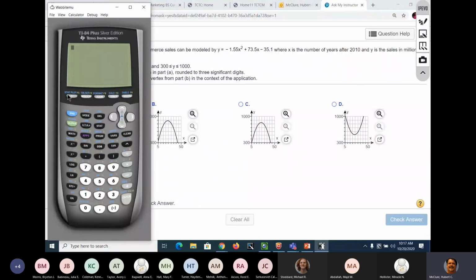Y is equal to negative 1.55x squared plus 73.5x minus 35.1. And we'll blow that up, zoom, box.